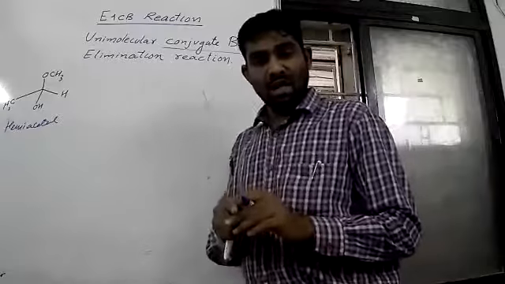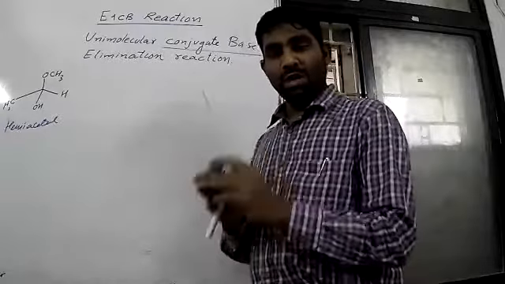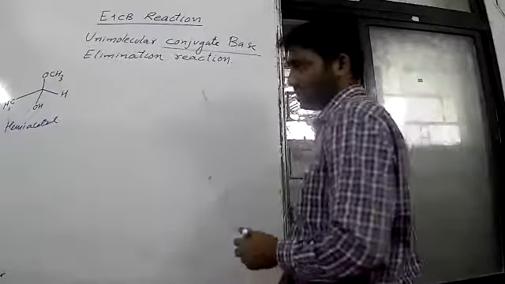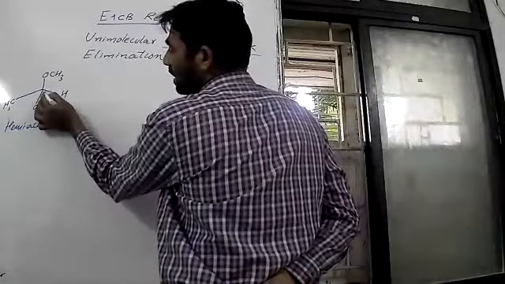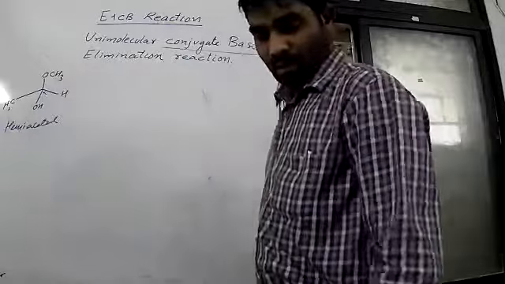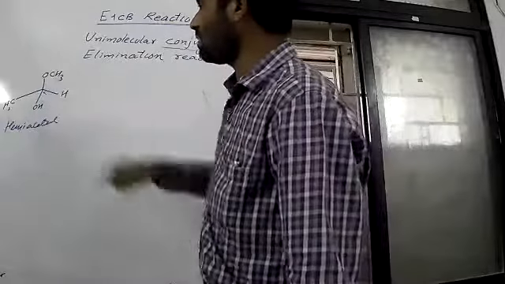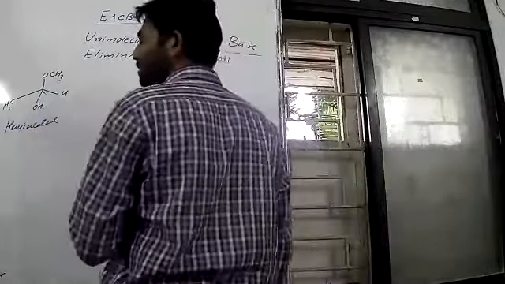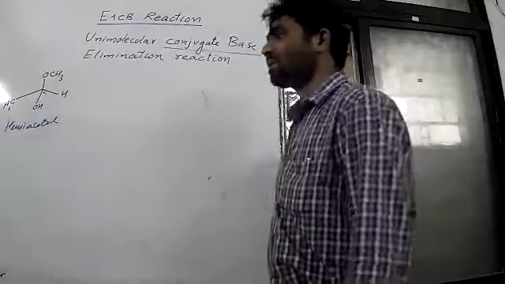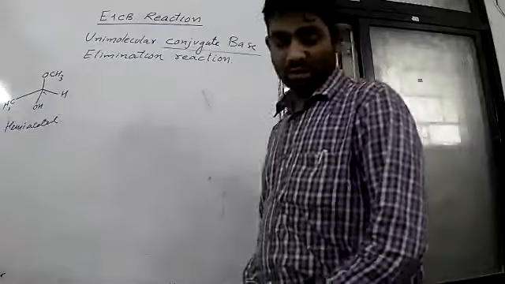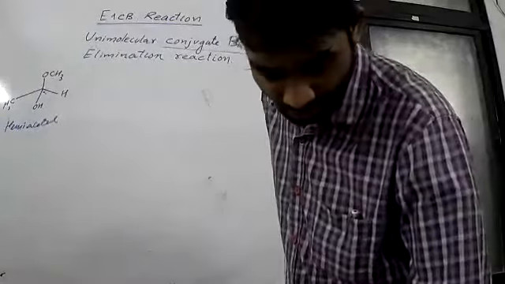All hemiacetals undergo the E1cB elimination reaction. So this is the functional group. This is the alpha carbon. That is the alpha carbon. And see here, where is the beta? The question is, where is the beta?